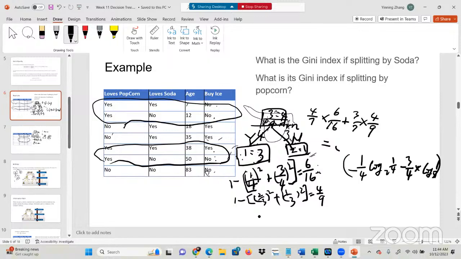So when we choose soda, the entropy of this node has a number, so still the love soda is a better feature to classify it. So you can see that the result will be almost the same. Usually it's the same result.